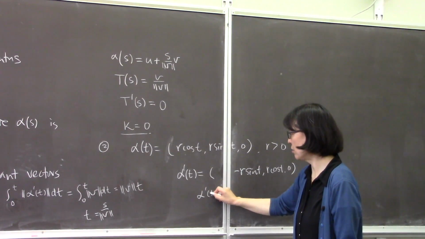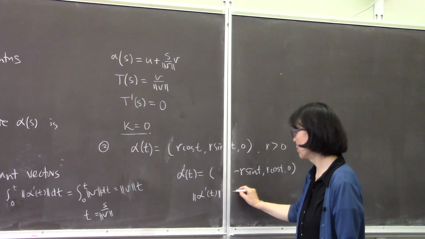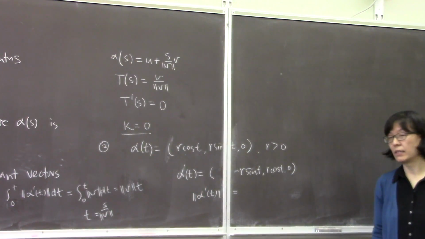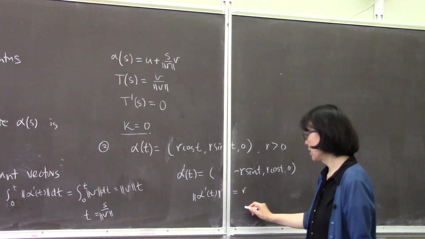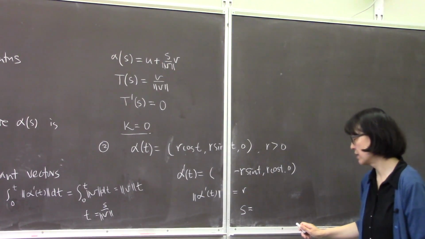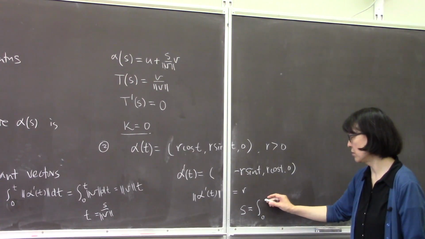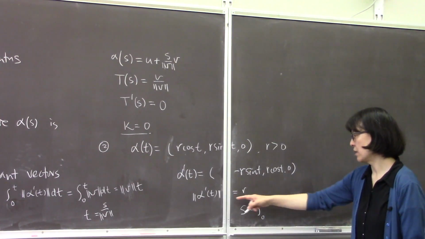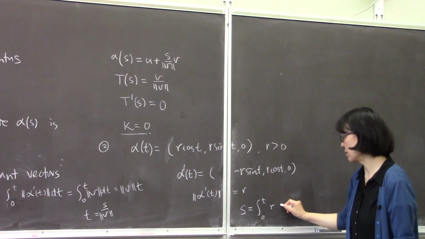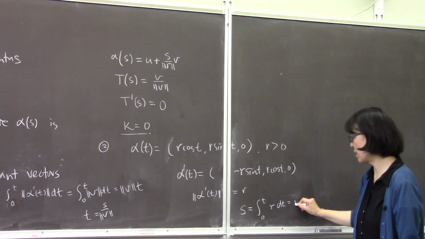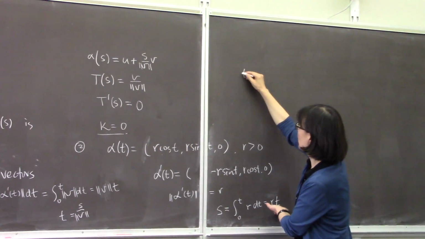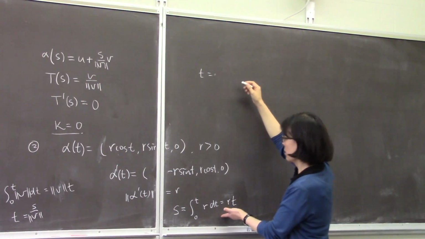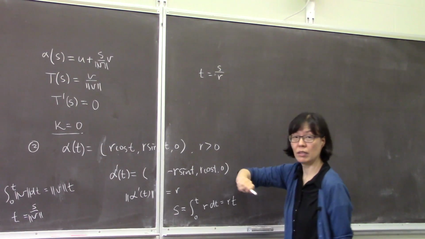Then the magnitude is r, right? So what is the arc length? From 0 to t, the magnitude of this is r. So it's rt. Similar to that case, actually t is s over r.